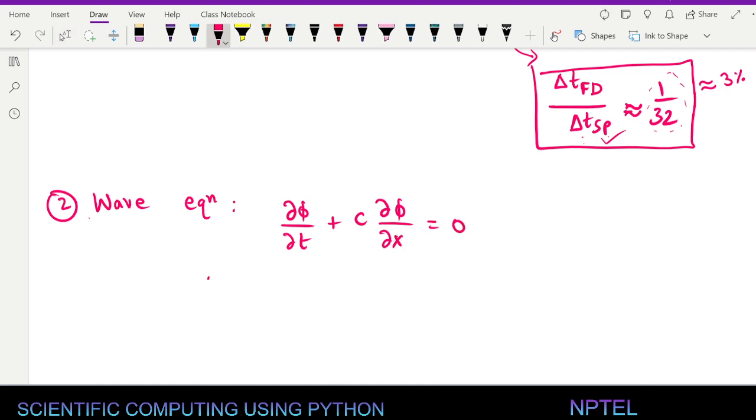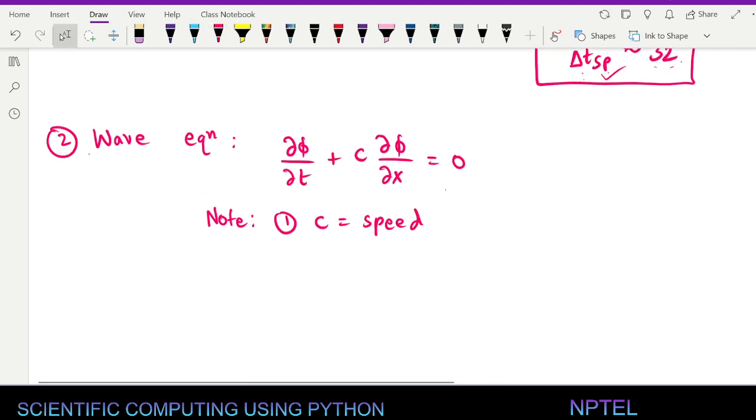And we should know two things. Note one, c is equal to speed, written in this form. If you take it on the right side, then it becomes negative. And second is what we did earlier: phi of x comma t is known in terms of the initial condition. It is phi zero of x minus ct.